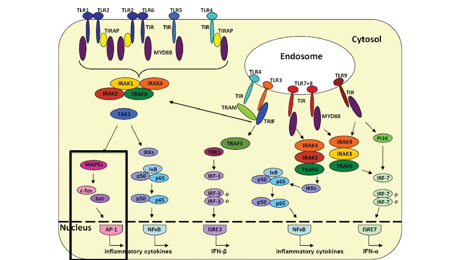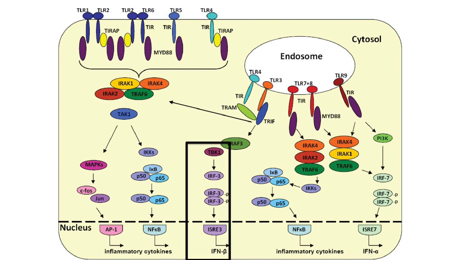Another way that toll-like receptor signaling is able to protect host cells is through activating the interferon regulatory factor family of proteins, and these proteins are transcription factors that can induce the transcription of the interferon genes.